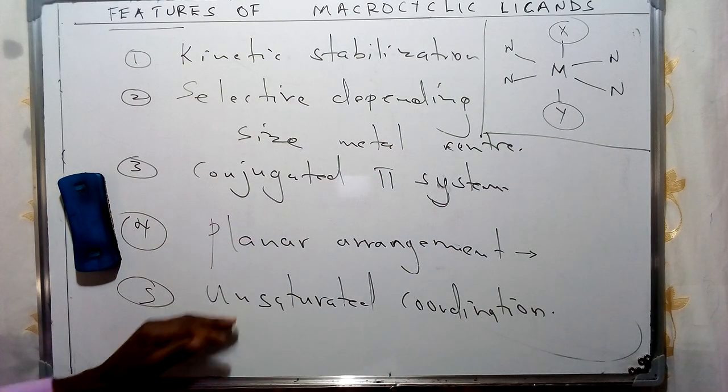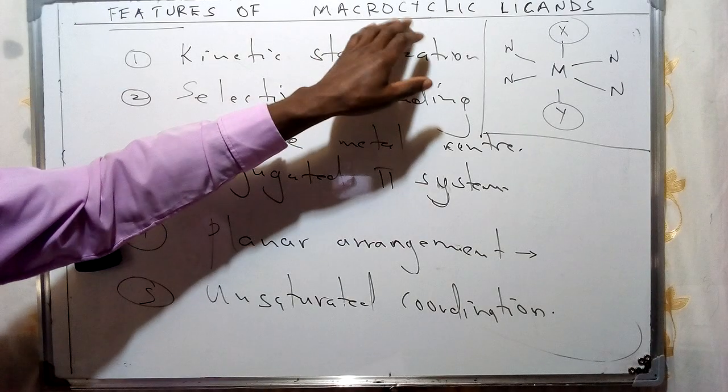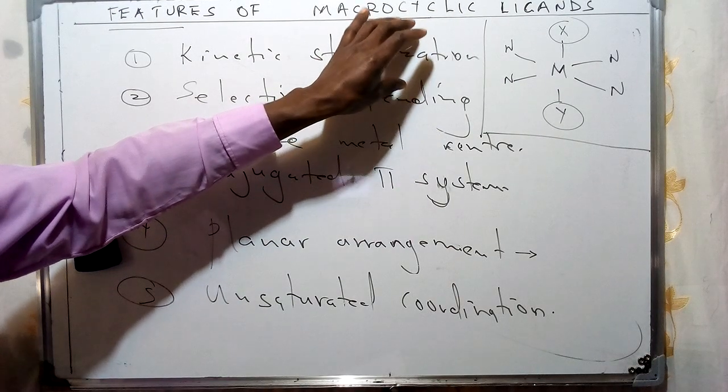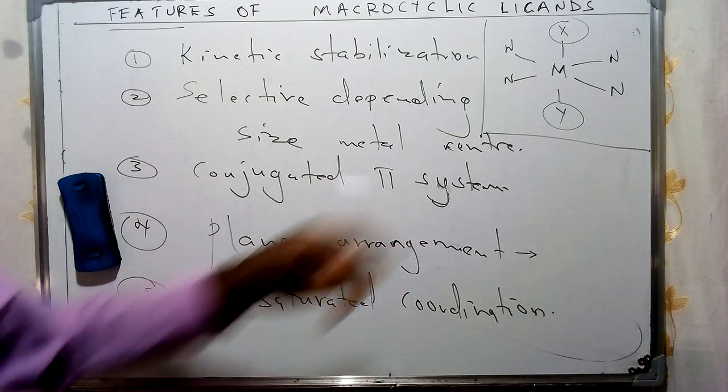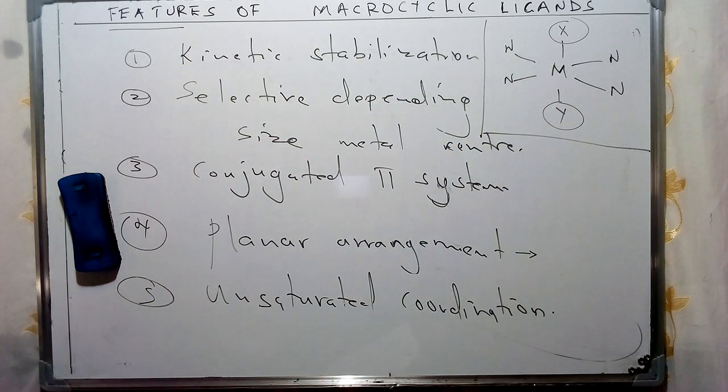So this is one of the examples for the macrocyclic ligands that are involved in the formation of this coordination that results in what we refer to as active sites. This is one of the characteristics of enzymatic activity, or the regulation of enzymatic activities, which I've mentioned in my previous videos.